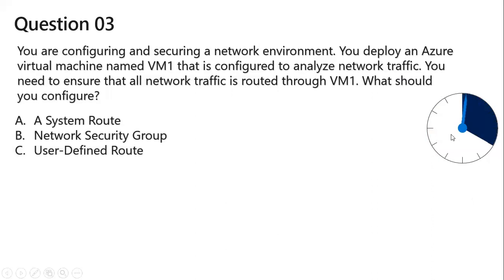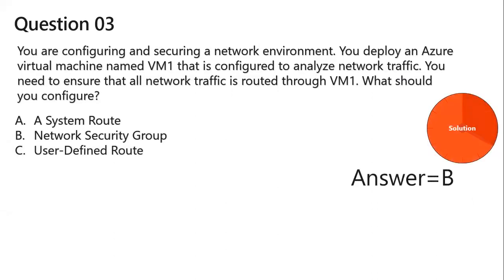Okay, let me see the timer. So for this question, the correct answer is network security group, because we need to analyze the network traffic that is routed through VM1, and we can create inbound and outbound security rules in order to filter the network traffic towards the virtual machine by using the network security group.